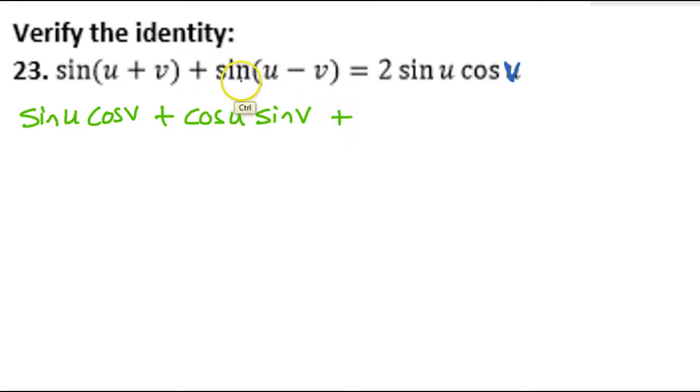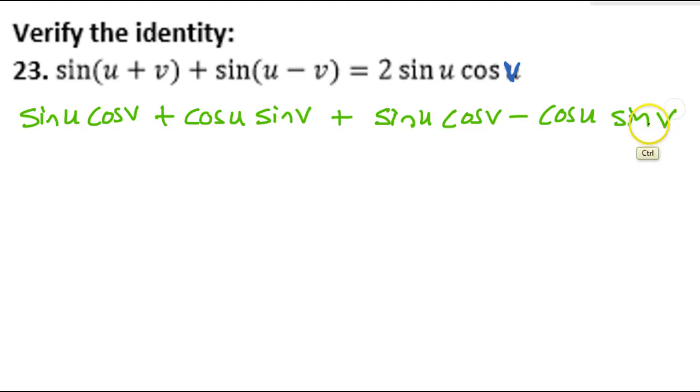Now I know that sine of u minus v also goes sine, cosine, cosine, sine, so it'll be sine u cosine v, but since it's minus, it will be minus cosine u sine v. Okay, so this is the left side of the equation using the formulas that we have been given.